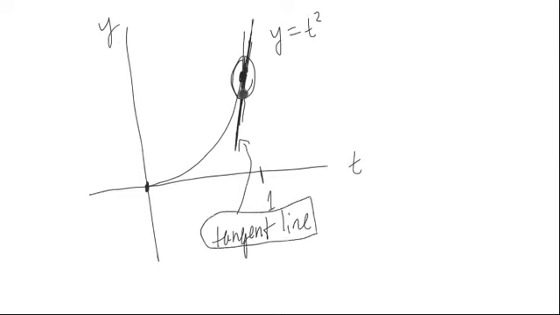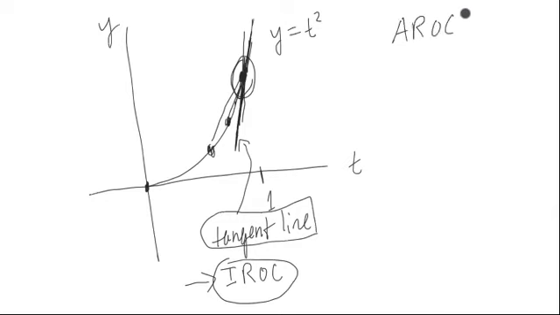Its slope is called the instantaneous rate of change, which I'll abbreviate IROC. The way we think about it is, if we take average rates of change on intervals and make those intervals smaller and smaller, those average rates of change should narrow in and get closer and closer to the instantaneous rate of change.